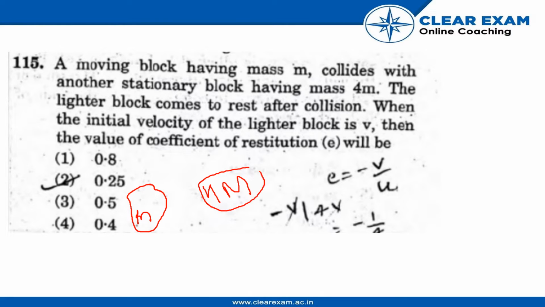So this is one block with the small mass m, and this is the other block with the bigger mass 4m.